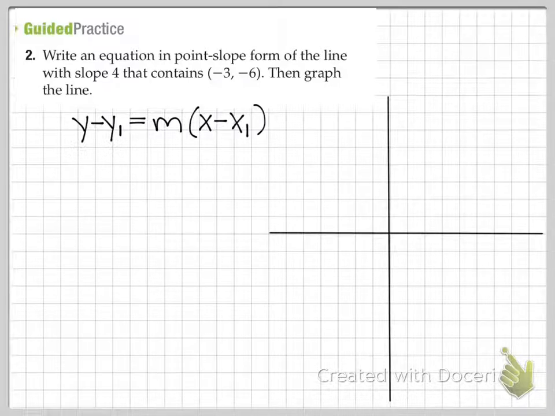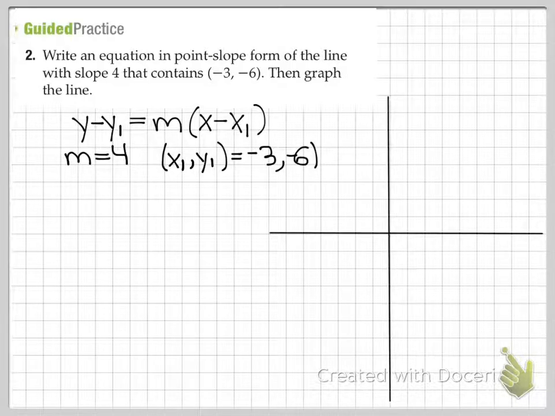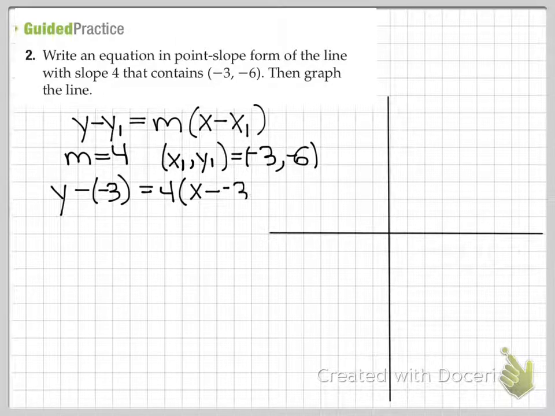So it gave me my slope is 4, and my x1, y1 is -3, -6. So now I just need to plug everything in. So I'm going to have y minus -3 equals slope, which is 4, times x minus my x1, which is -3.